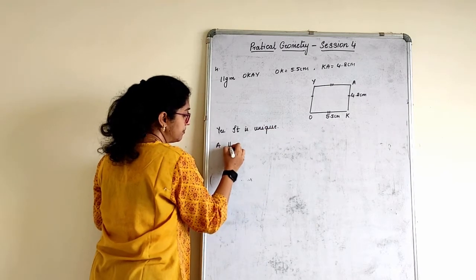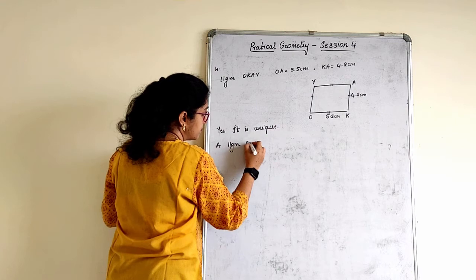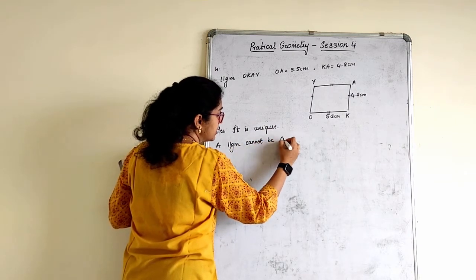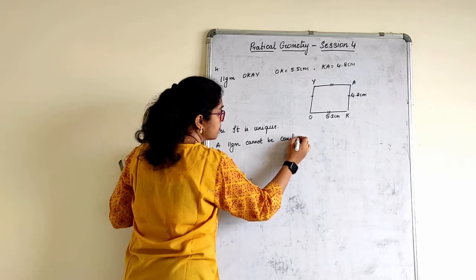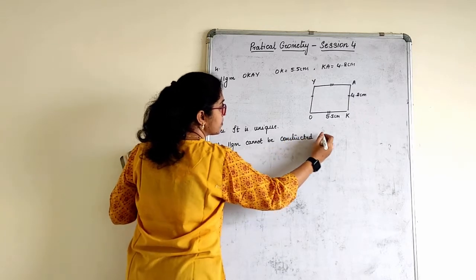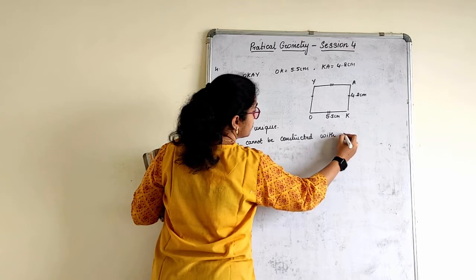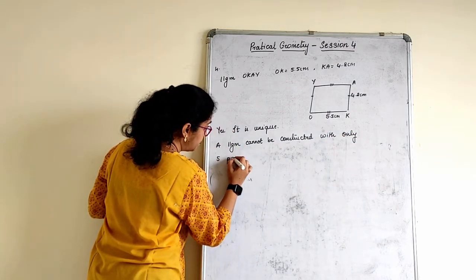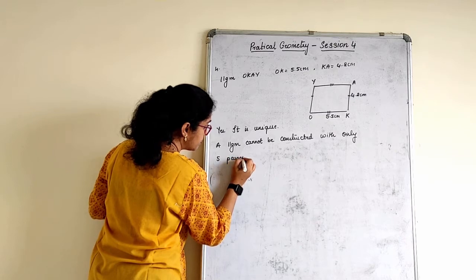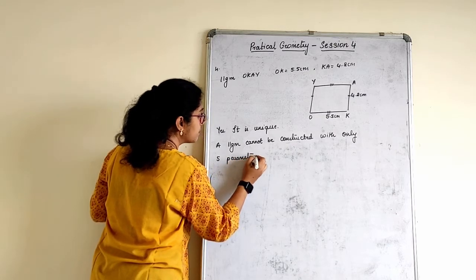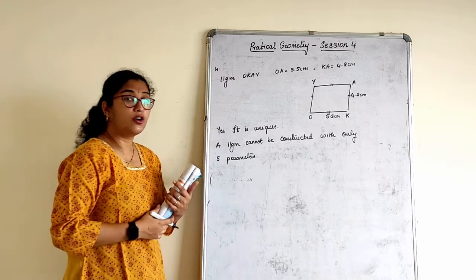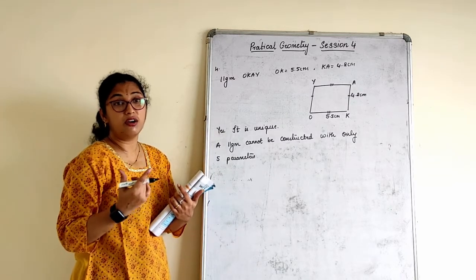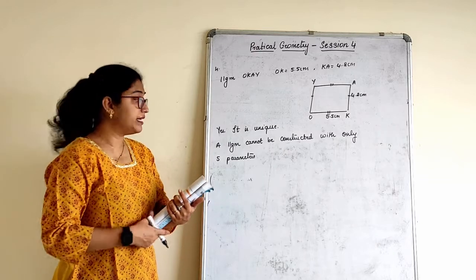A parallelogram cannot be constructed with only 4 parameters. So what did they have to give here? They had to either mention a diagonal or an angle. Simple.